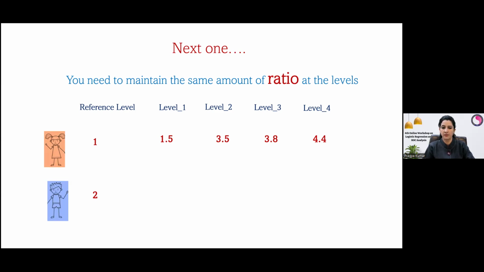Dr. Prashant is right, 3. At level 2, it is 7. True. At level 3, you can multiply, it's 7.6. True. And it is 8.8. So the ratio will be the same. If you see, the odds are different, but the ratio is the same.